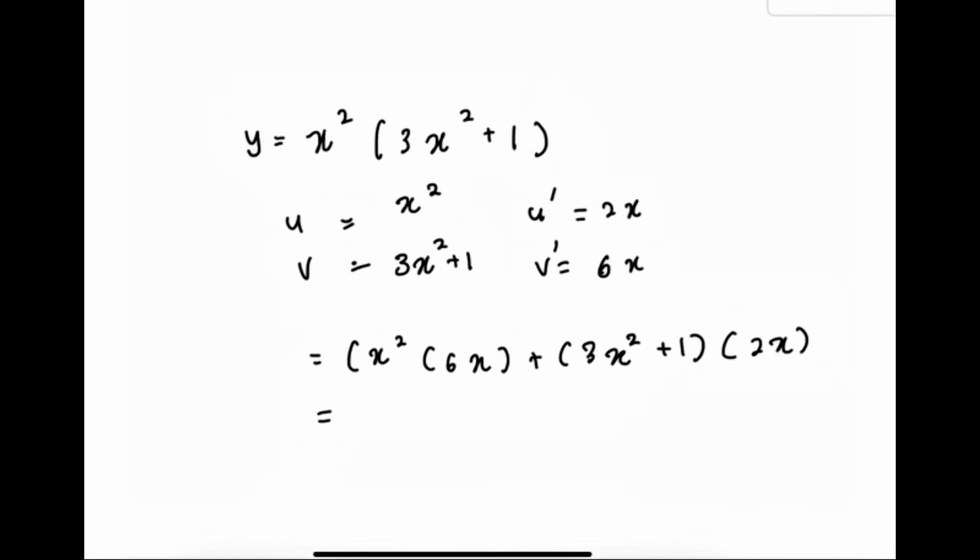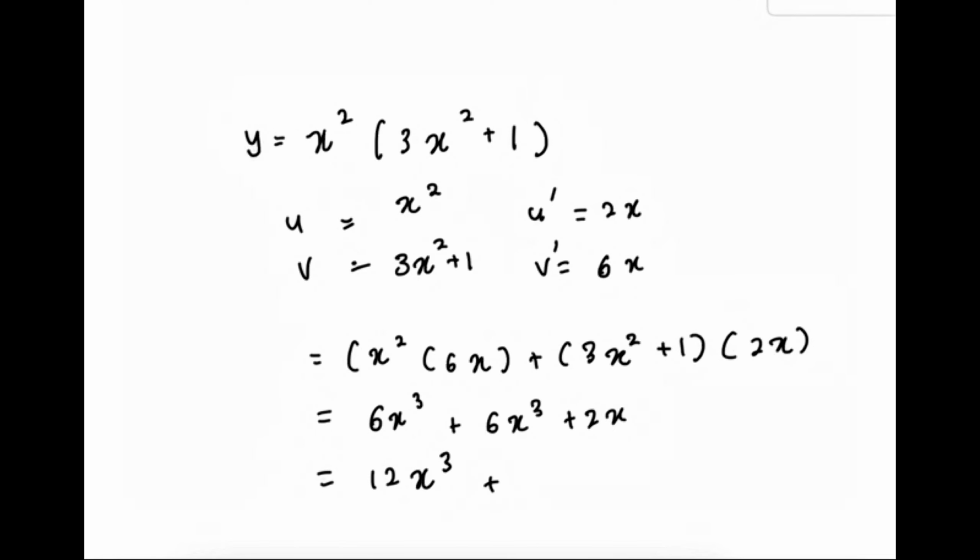So we expand it, it will be 6x to the power of 3 plus 6x to the power of 3 plus 2x, and the final answer will be 12x to the power of 3 plus 2x.